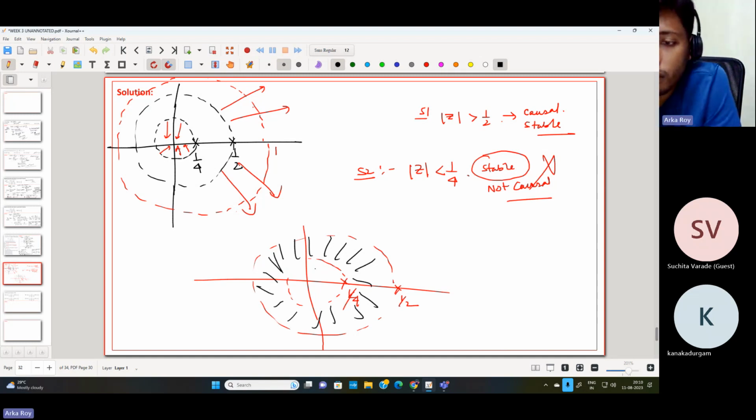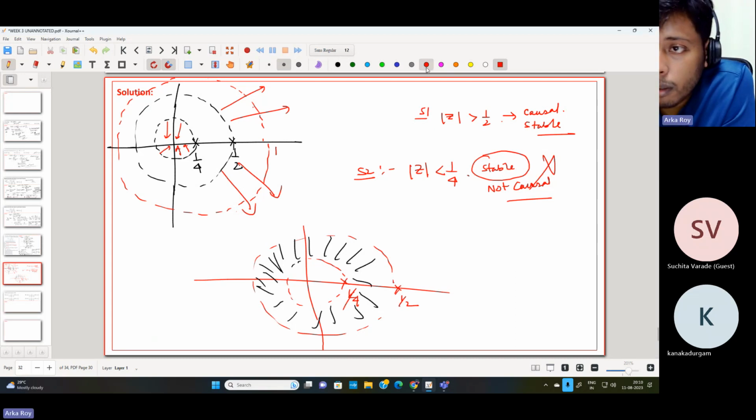So for this particular annular ring, it will be taken into consideration. Let me just change the colors. The 1 by 2 will have this kind of inward nature, and 1 by 4 ROC will have outward nature. So then only at that particular time this common area will be generated.